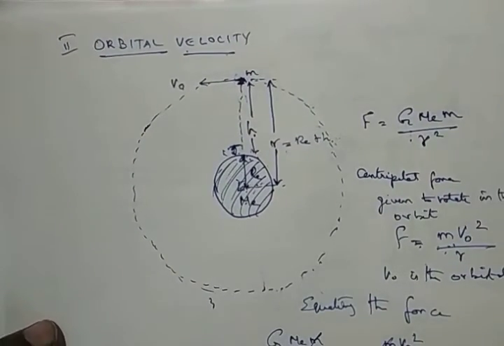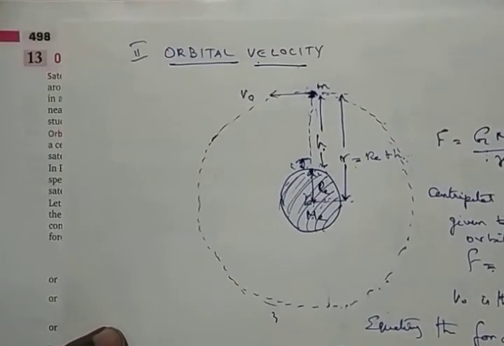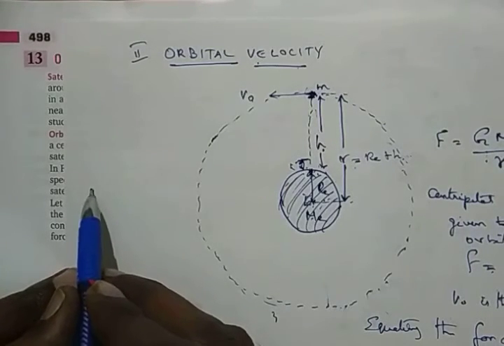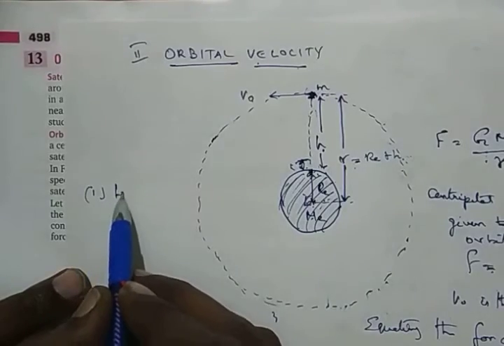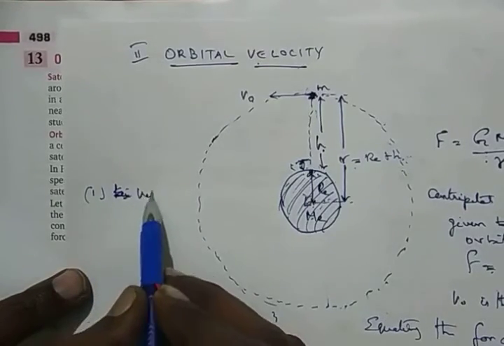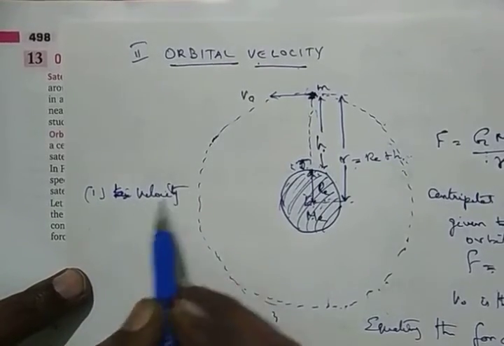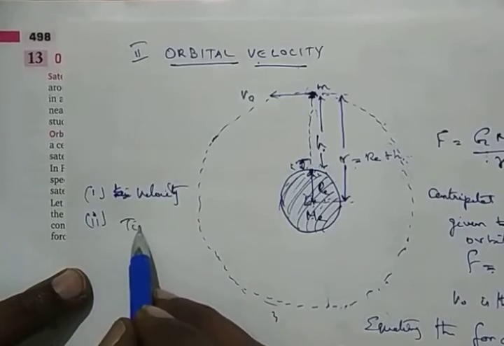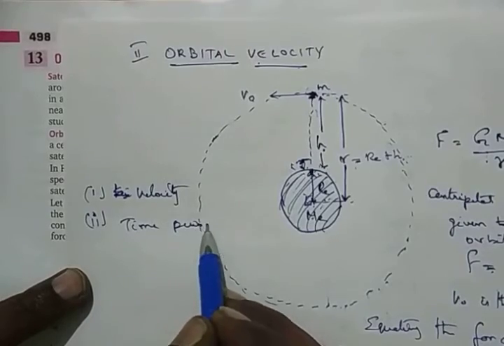Now there are 3 other parts we need to explain here. The first part is velocity, which we have already derived. Second part is the time period.